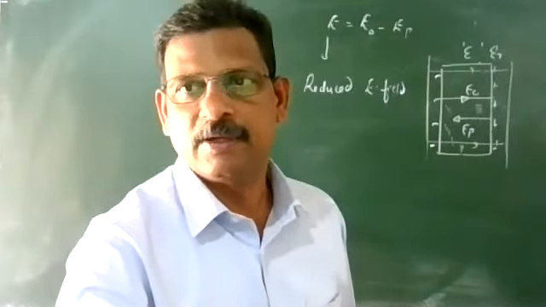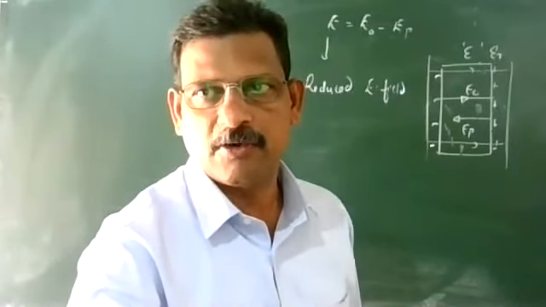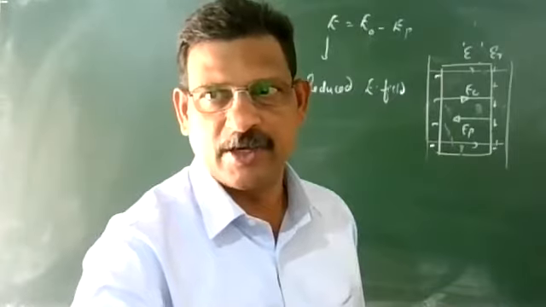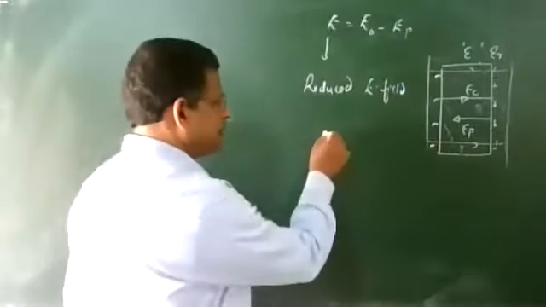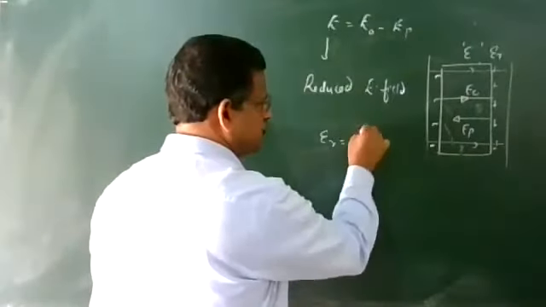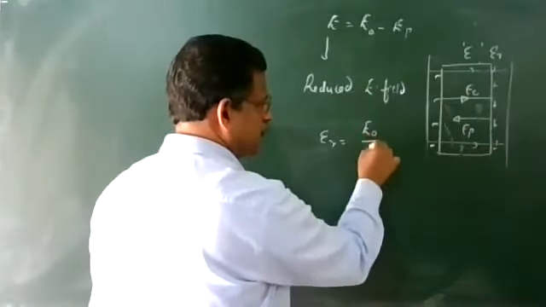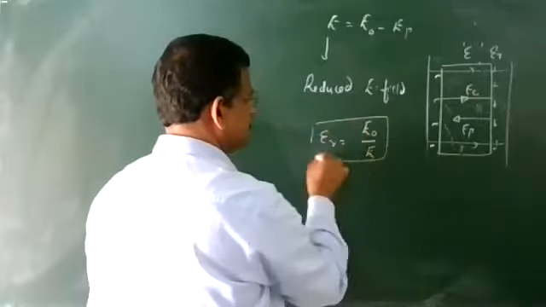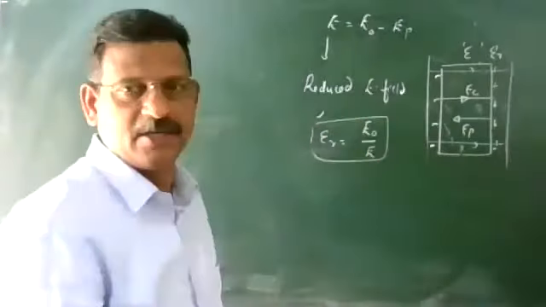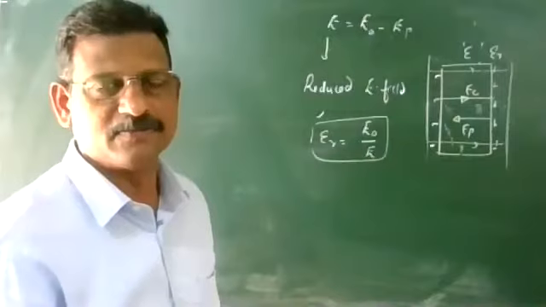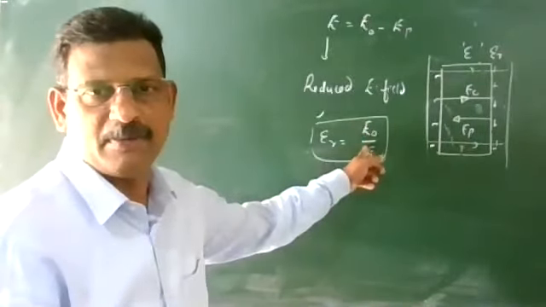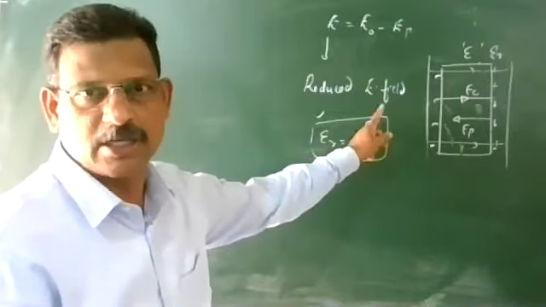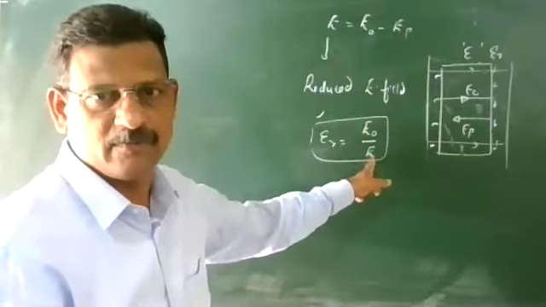The dielectric constant can be defined as the ratio of the applied, outside electric field to the reduced electric field inside the dielectric.